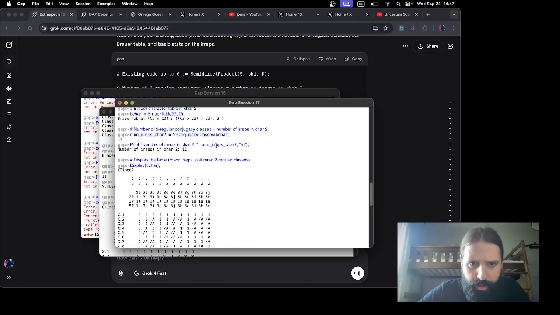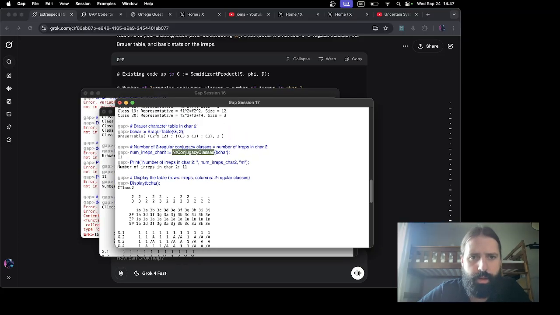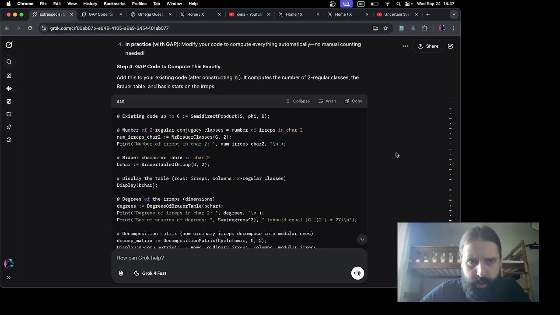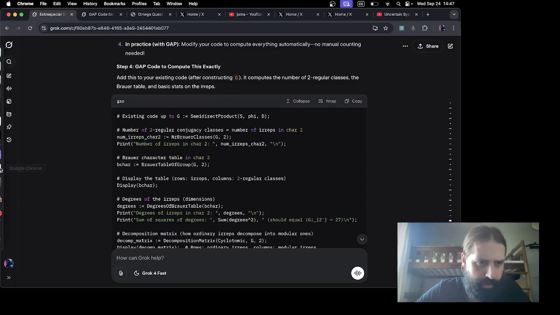So the Brouwer table, see the problem. I should open, what should I open?